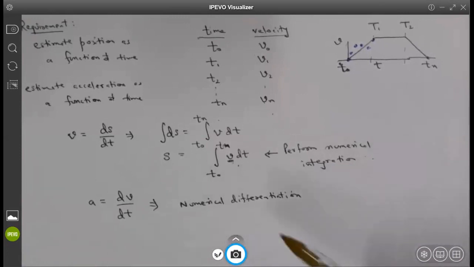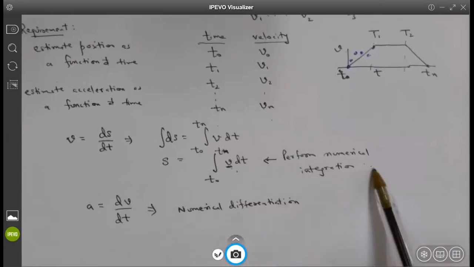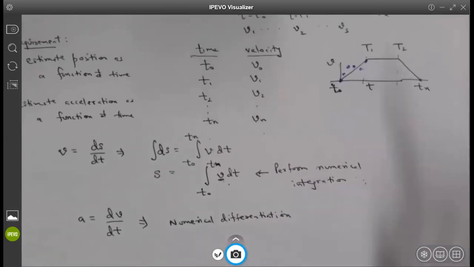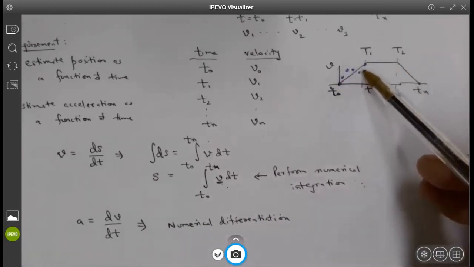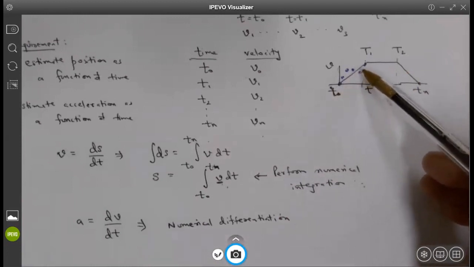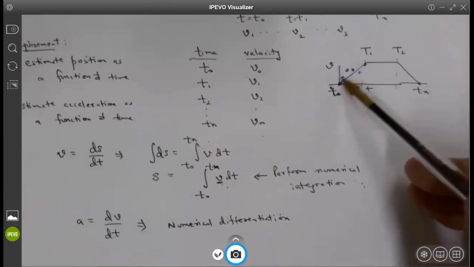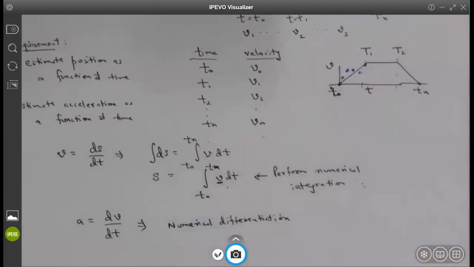The second thing is, given that you don't know anything about numerical integration or numerical differentiation, but with this given set of data points, you are asked to determine the acceleration at any instant within this interval. How can you estimate acceleration, or how can you estimate displacement?